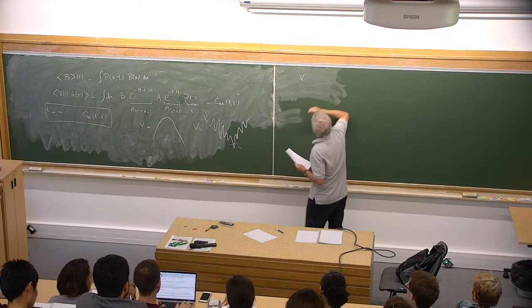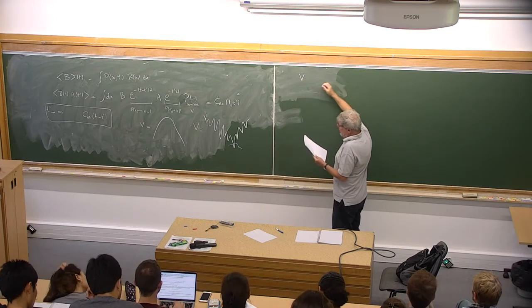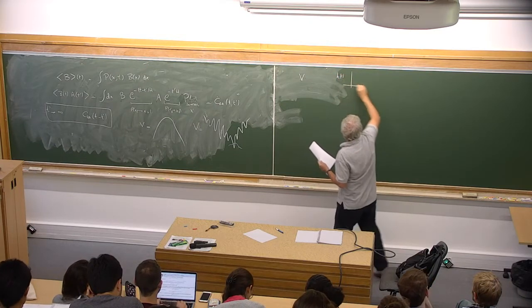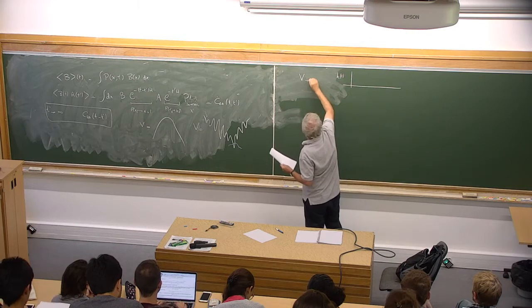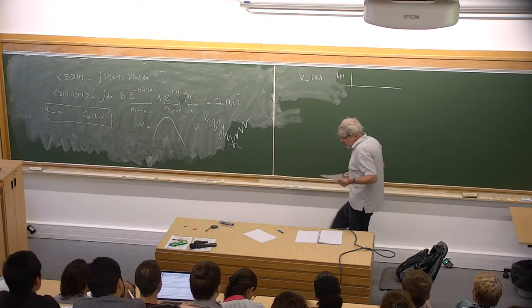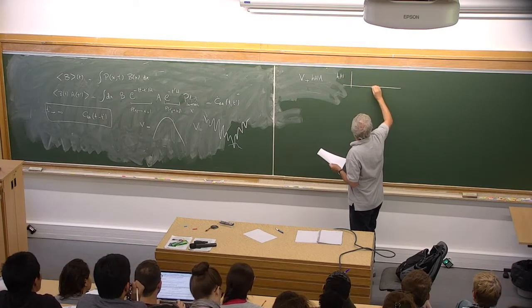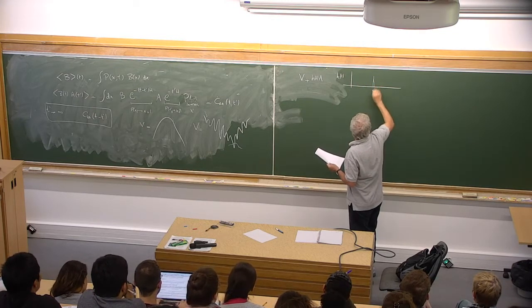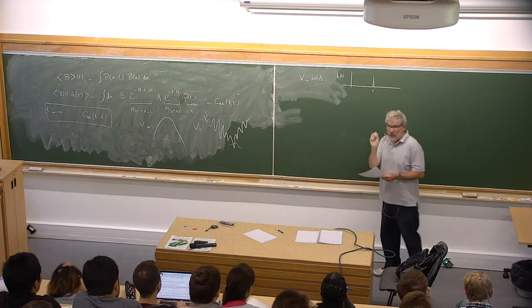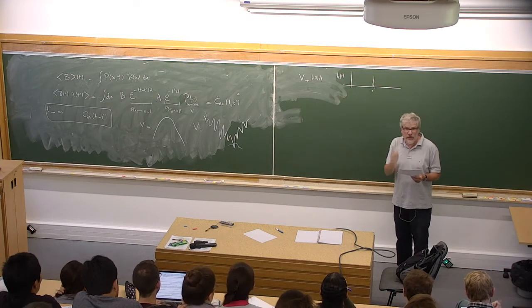You have a potential V, which is time independent, and then you give it a kick in some direction. So some observable, you give it a kick, let's say at time t prime. A kick means an impulse that is very narrow and whose area is 1.